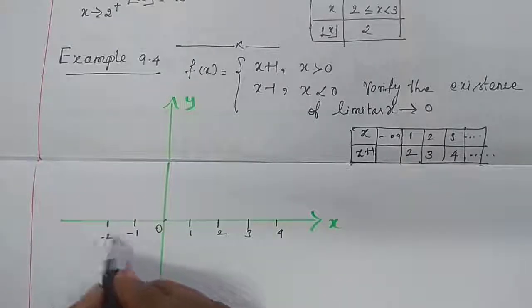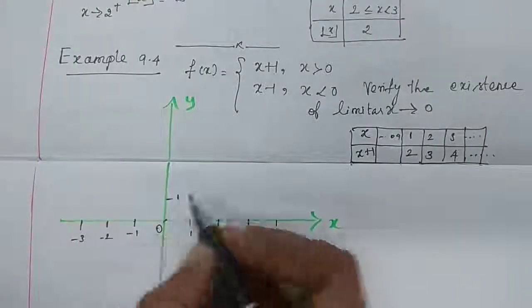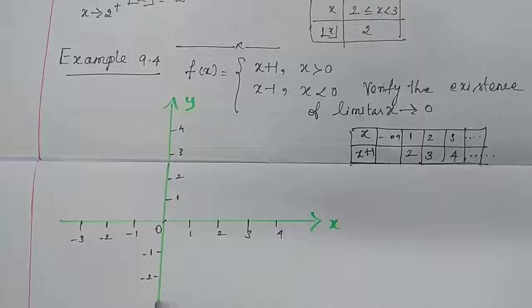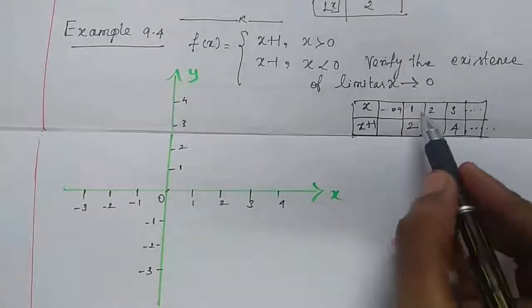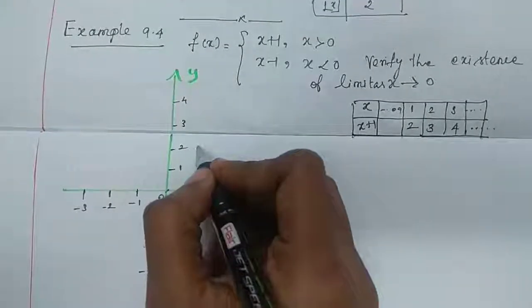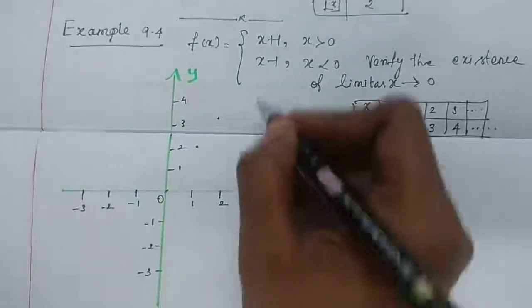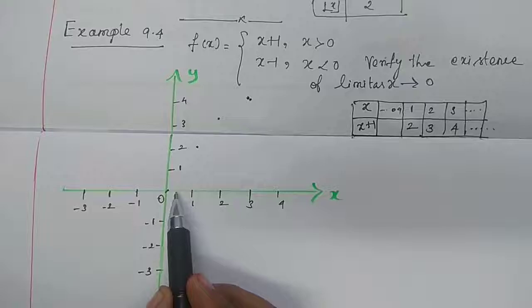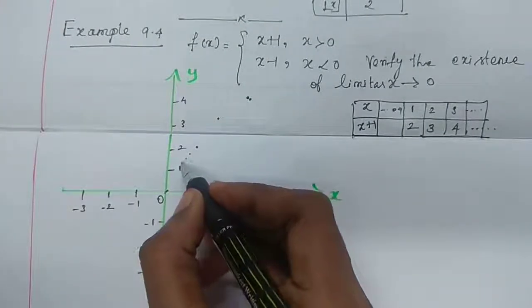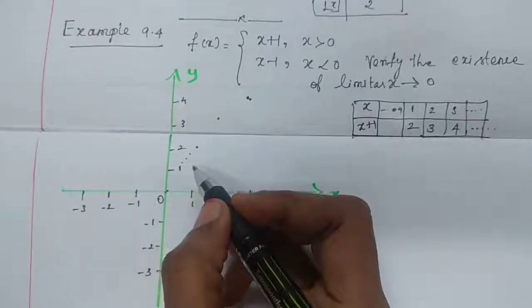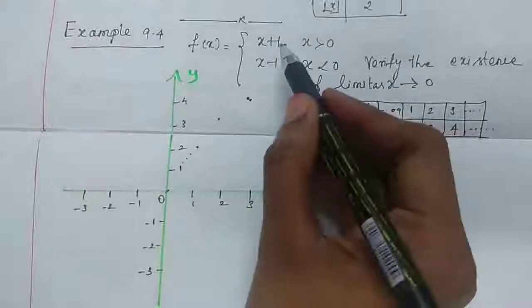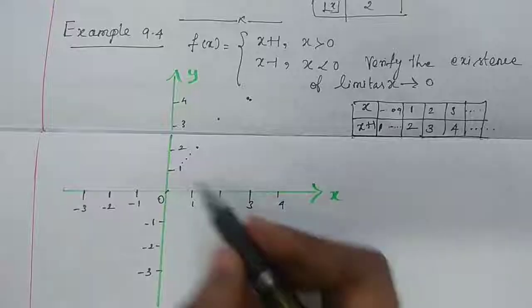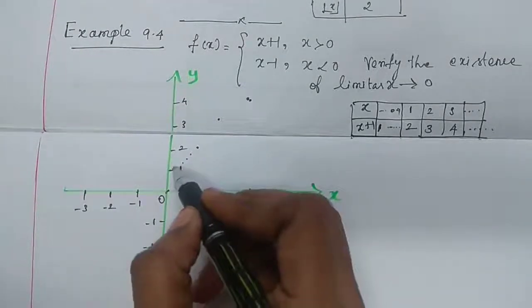So the points are 1, 2; 2, 3; 3, 4. Left of 1 there are 0.9, 0.8, and the values come very close to 1 but never take 1.